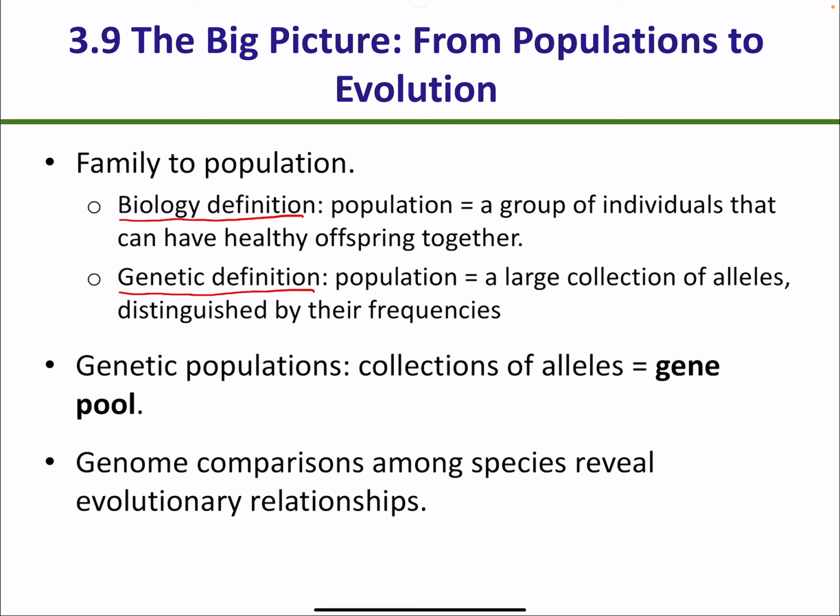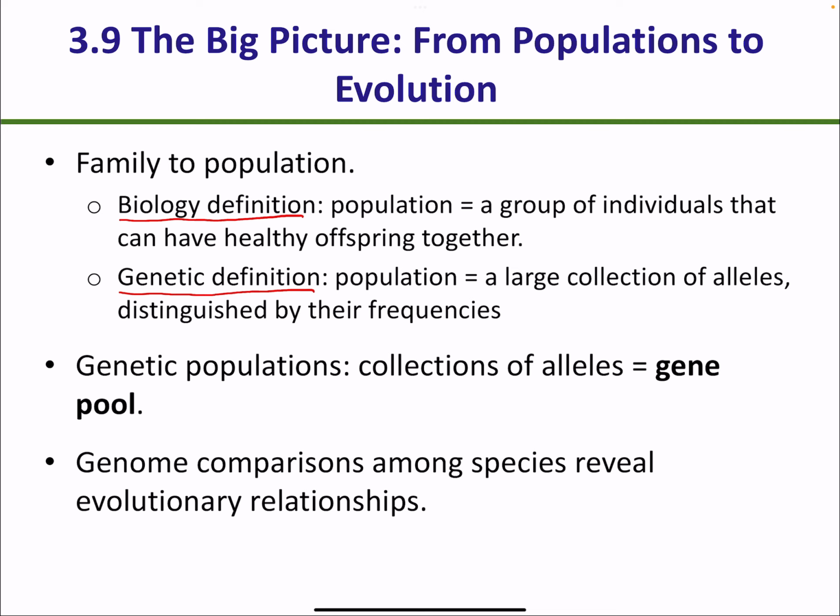We could notice that the frequency of cystic fibrosis is different, in which case we are going to say that Tuscarawas County versus Cuyahoga County are two completely separate populations, right? Because the frequency of the allele for cystic fibrosis is different, right?